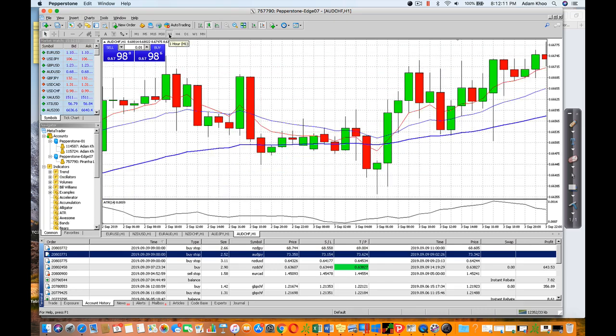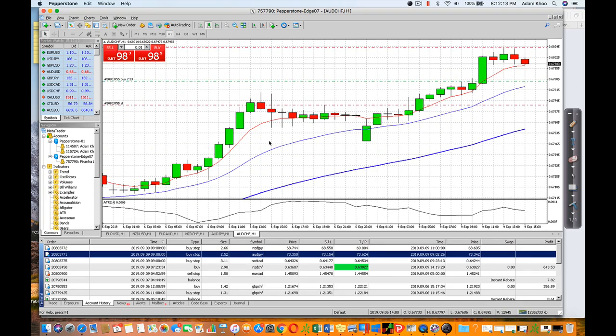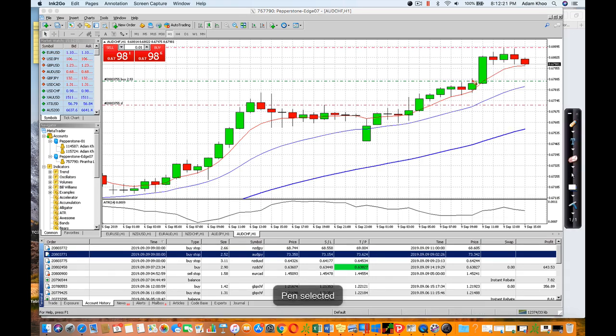Then I scroll down to the H1 and see that same moving average sequence, 6, 18, 50, all aligned in sequence, and I'm waiting for that trigger candle. So like I mentioned, that was a trigger candle, which is the bullish pin bar. So once I saw that, I placed a buy stop order just above, stop loss below, and profit target there, and wait for it to hit the profit target or the stop loss, right?